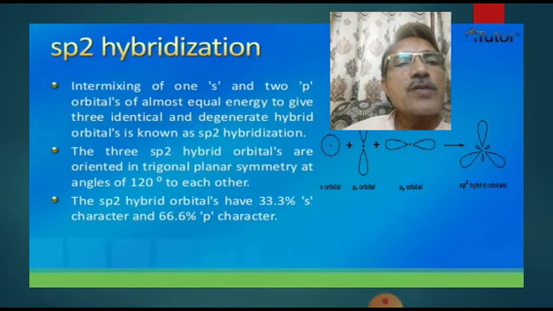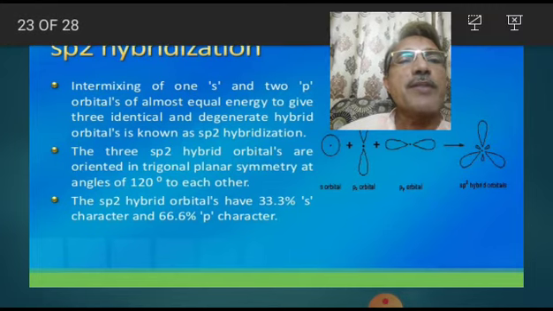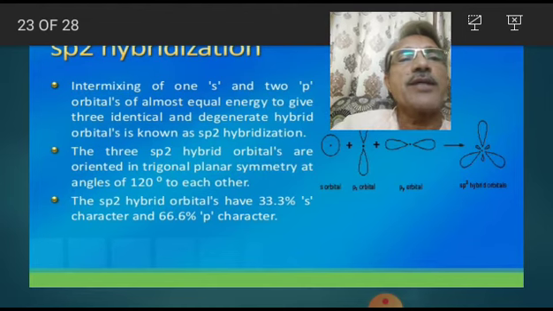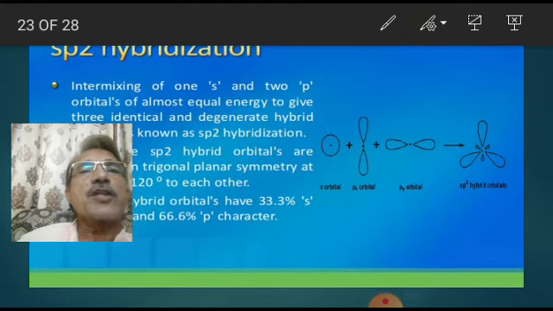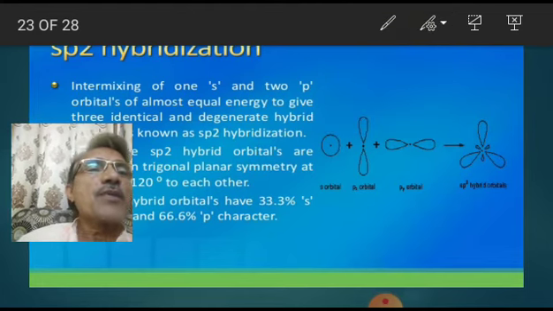The three sp2 hybrid orbitals are oriented in trigonal planar symmetry at angles of 120 degrees to each other. The sp2 hybrid orbitals have 33.3% s character and 66.6% p character. You can see the formation of sp2 hybridization.